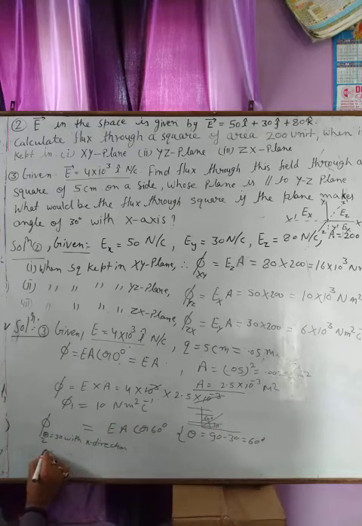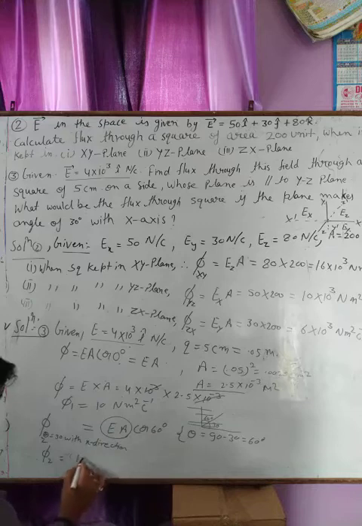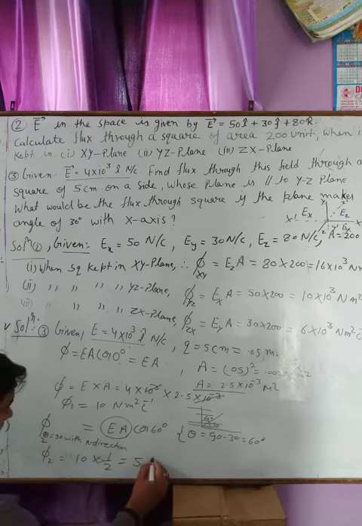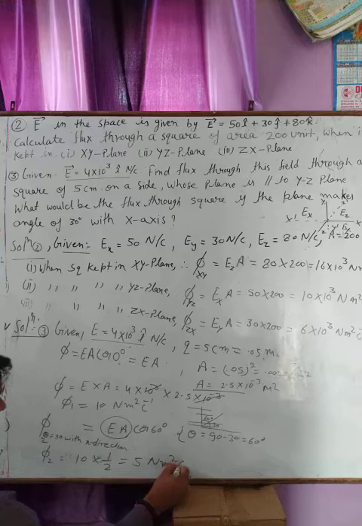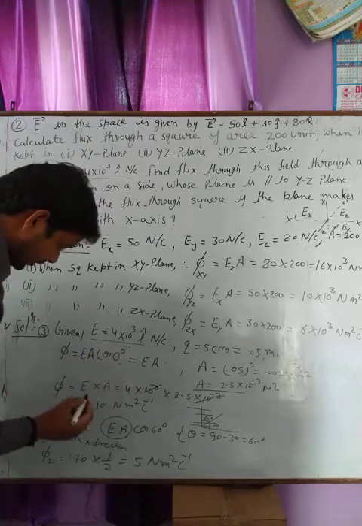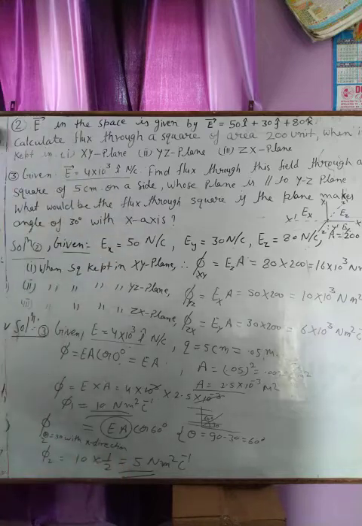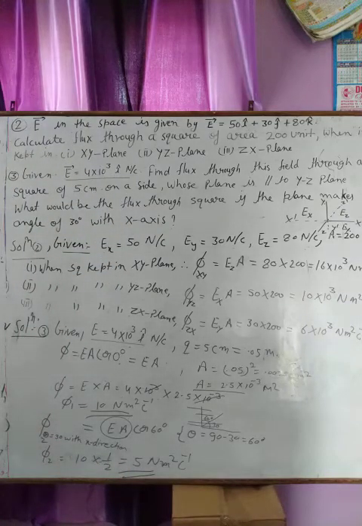So we have cos 60, this E A we solved here, that is 10, and cos 60 is 1 by 2, so we get 5 Newton meter square Coulomb inverse. So this is the solution of your question. The first one is this, and after inclining by 30 degree it is 5 Newton meter square per Coulomb. Solve these two questions.